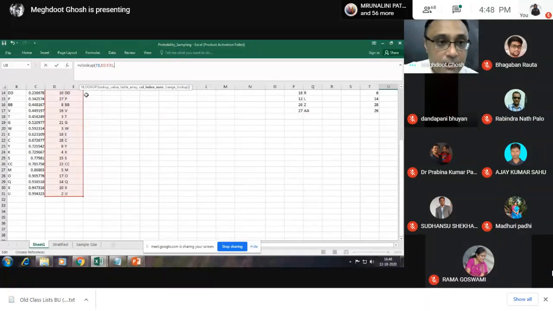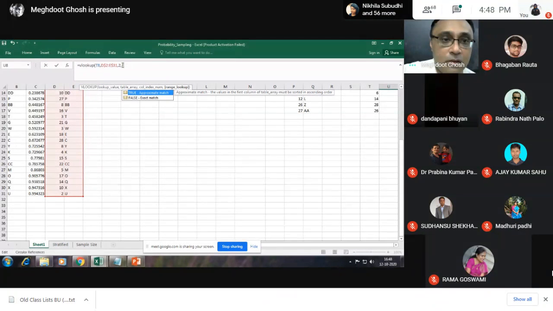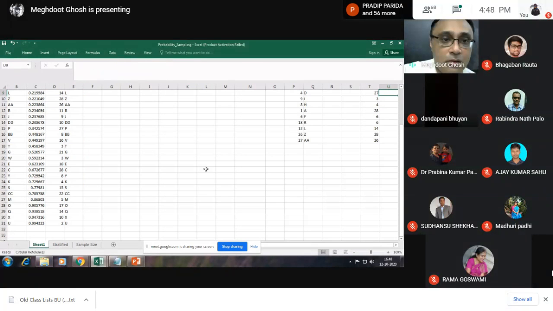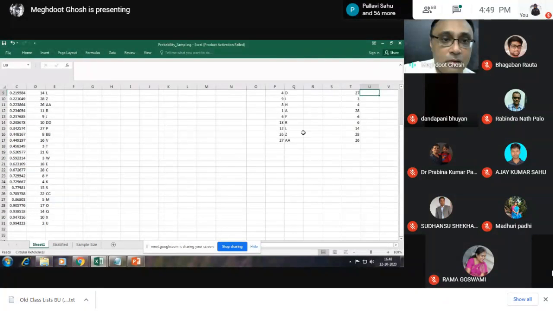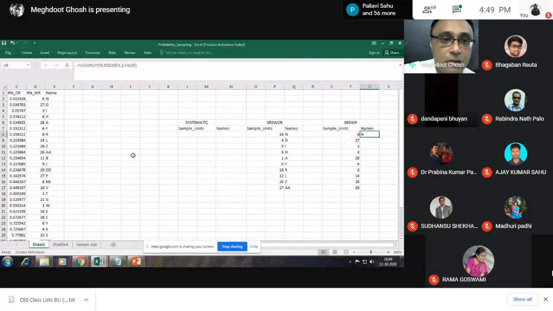Now I will write 2 over here once again due to a similar reason, and I will make it an absolute reference, so I keep the dollar, and a similar thing over here, and here I will write false. I press enter, and automatically you will see "in" has appeared.